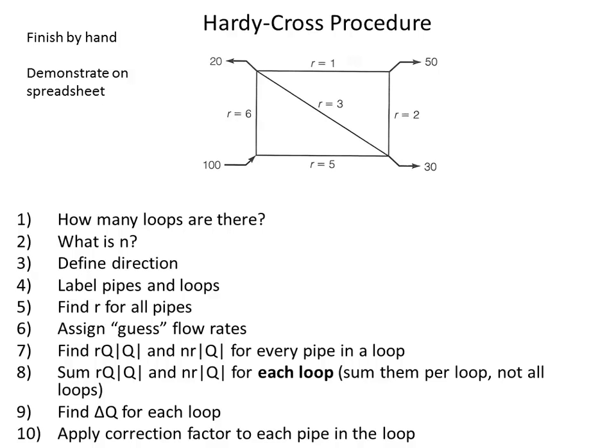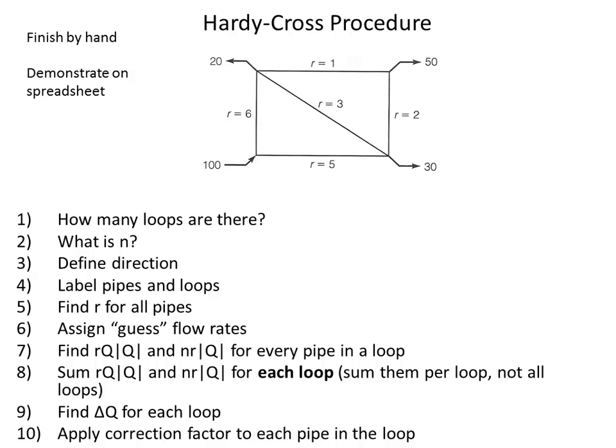Okay, just to write what our initial assumptions were. There's 100 in here, 20 out, 50. And we called this junction 1, junction 2, junction 3, and junction 4.